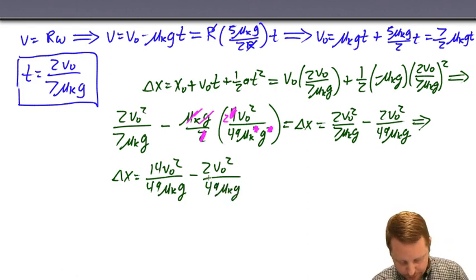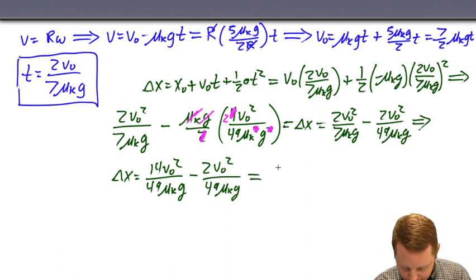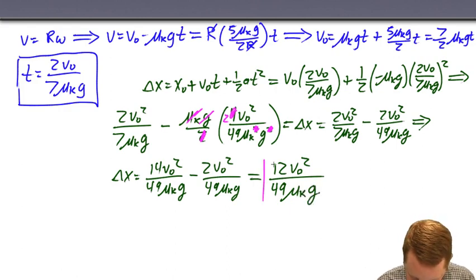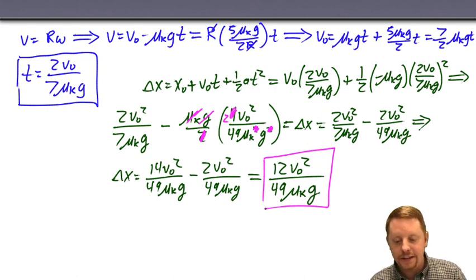So 14 over 49 minus 2 over 49, I'm going to get a delta x of 14 minus 2. That's going to be 12 v0 squared over 49 mu k g. There's the distance our bowling ball is going to travel before it starts to rotate.